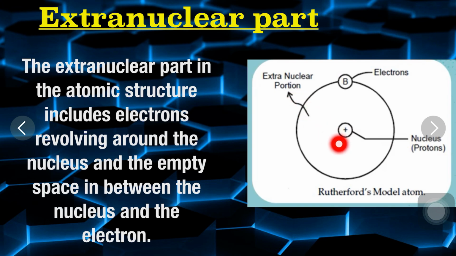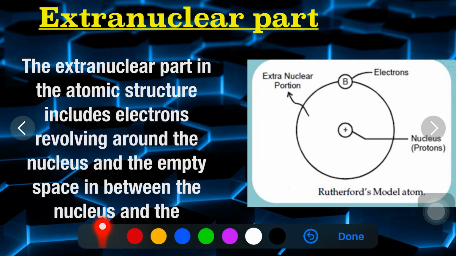As you can see in the given image, there's a nucleus which consists of protons and neutrons, and electrons which keep on revolving around the nucleus, and there's an empty space between the nucleus and electrons. So this is the extranuclear portion.